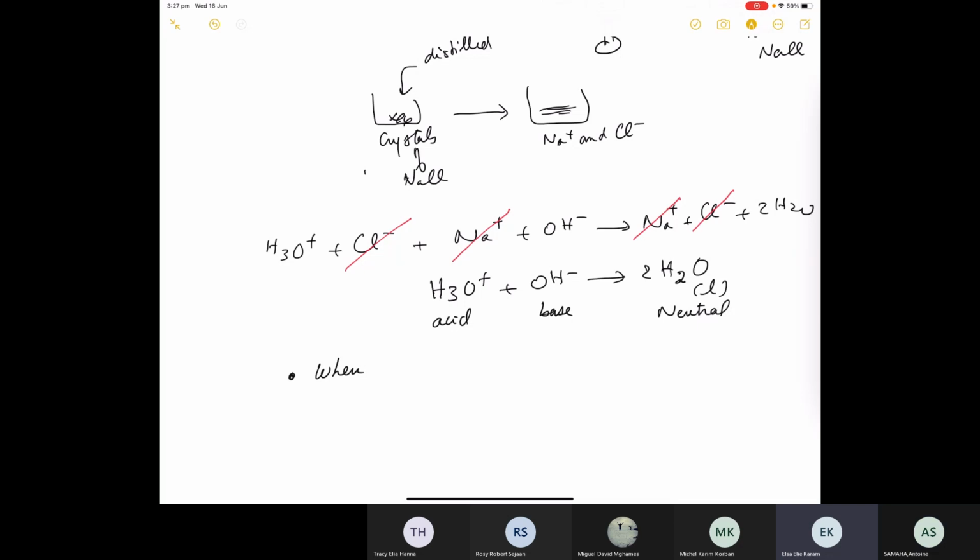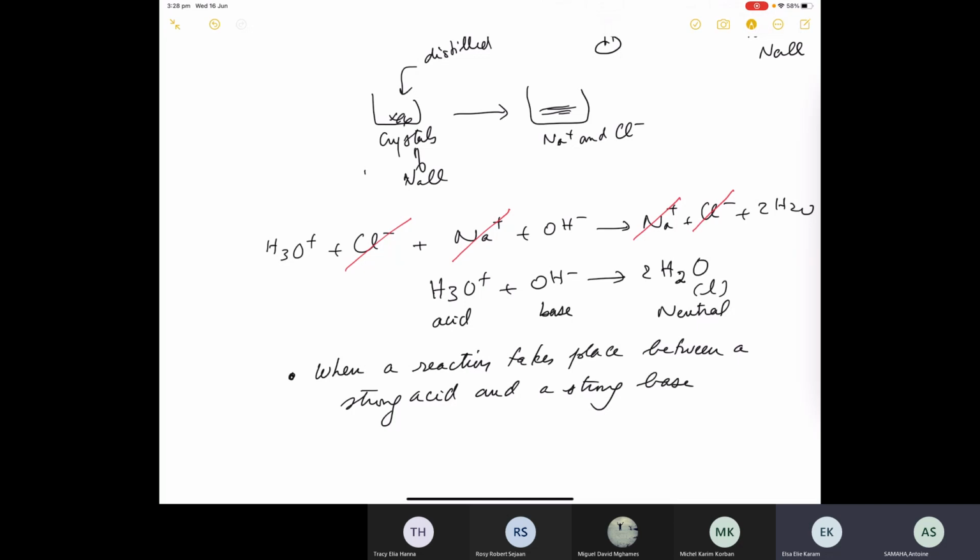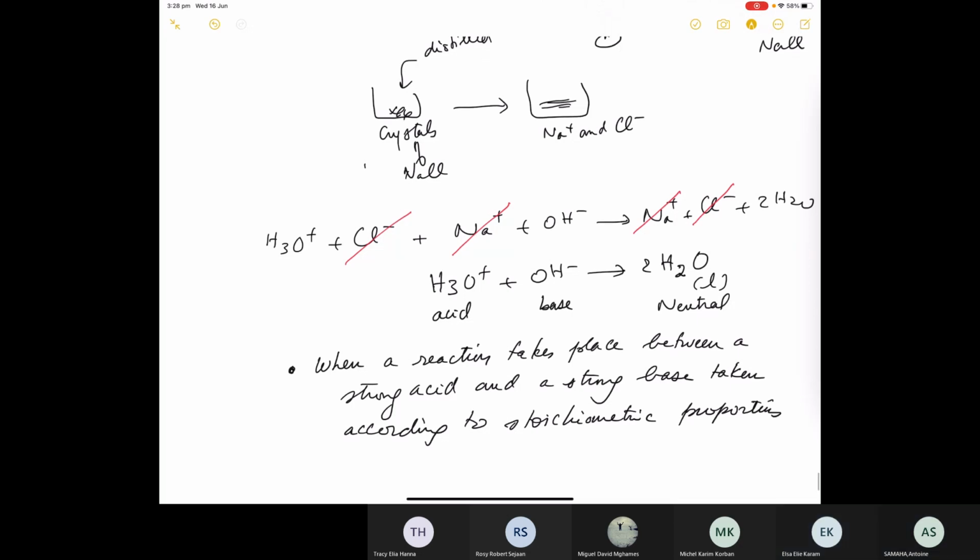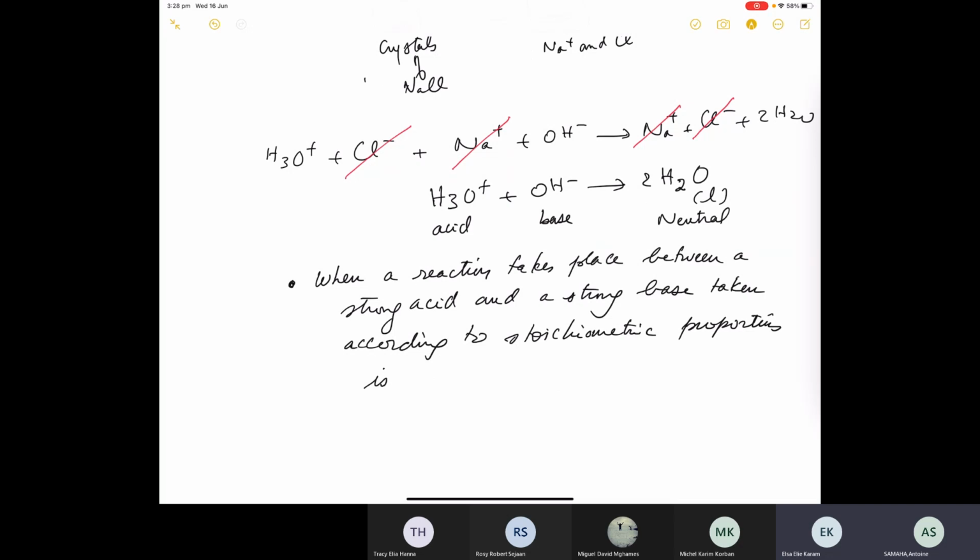When a reaction takes place between a strong acid and a strong base taken according to stoichiometric proportions, it is total and complete.